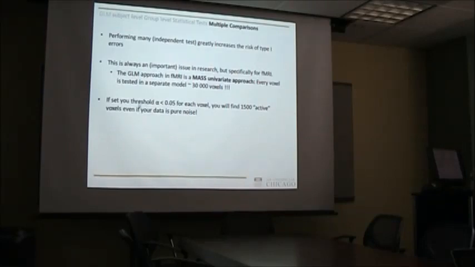To give an example, if you use the common alpha of 0.05, which is normal as a criterion to call something significant or not, and given that all observations are independent, you will find about 1,500 voxels to be active, even if it was just noise. Does that make sense? Which would be really bad, obviously.